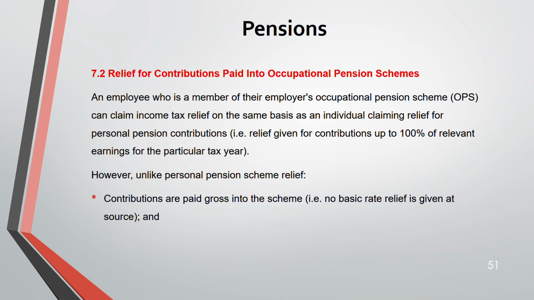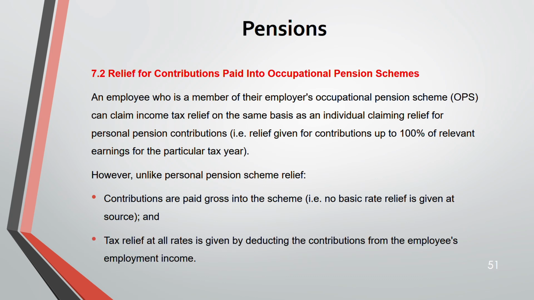There is no basic rate relief given at source. This is for occupational. In occupational, contributions are paid gross. Why? Because unlike personal, for occupational, there is no basic rate relief given at source. That's why it's paid gross.